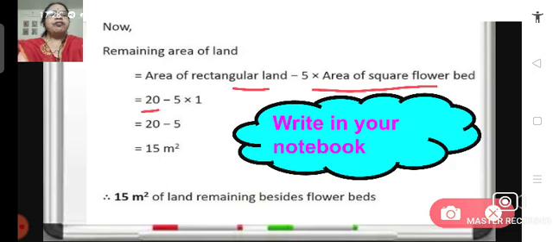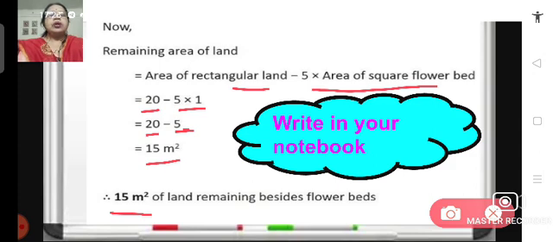So what will be the area of 5 flower beds? It will be 5 into 1, that is 5. So we have 20 minus 5. So 15 meter square or 15 square meter is the land which is remaining besides the flower beds, which is not occupied by the flower beds.